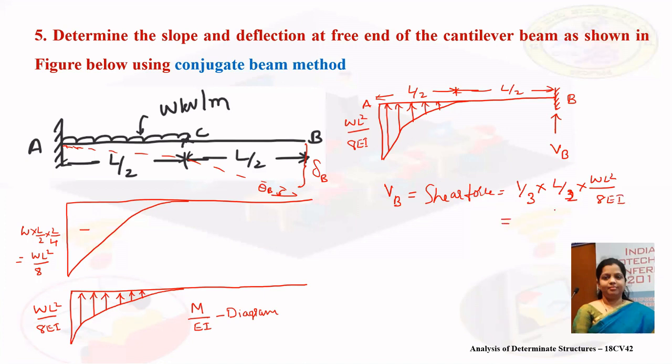The area will be 1 by 3 into L by 2 into WL square by 8 EI. On simplification, we will get WL cube by 48 EI. Therefore, slope at B will be equal to WL cube divided by 48 EI.